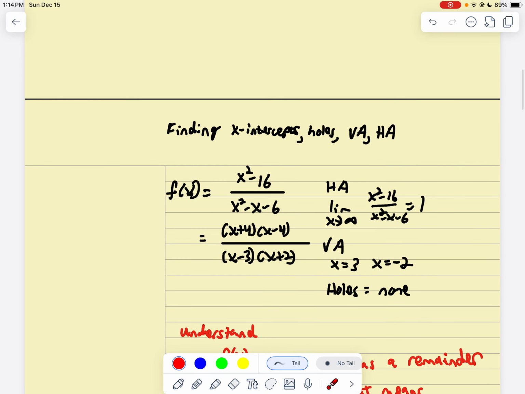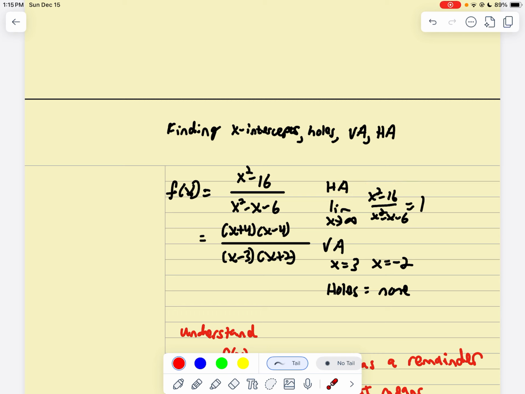All right, the second thing is these rational expressions like this, being able to break up a non-factored rational expression by factoring. And then you can look for things like the horizontal asymptote, which is the limit as x goes to infinity of this. And that just means you take the ratio of the highest powers.